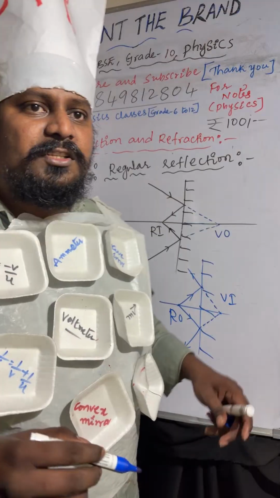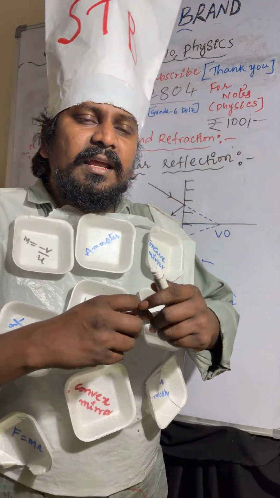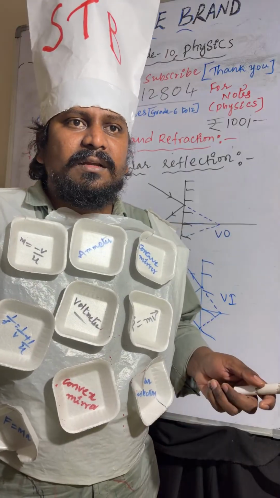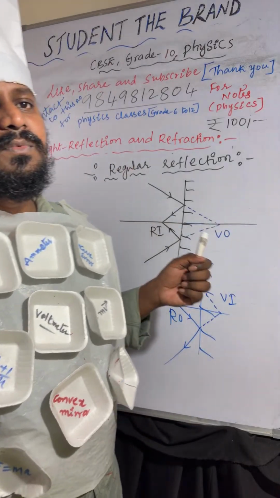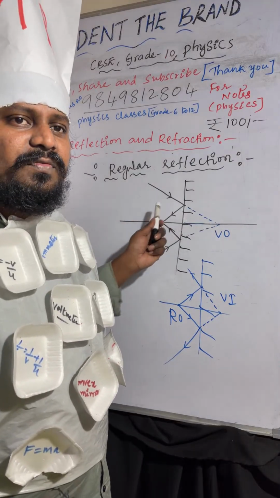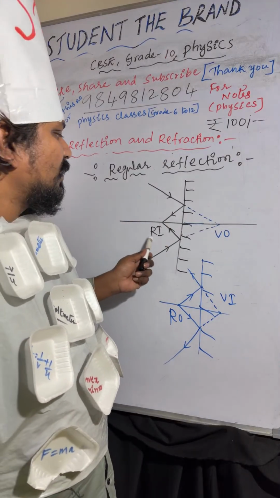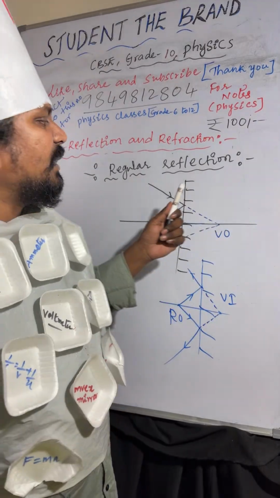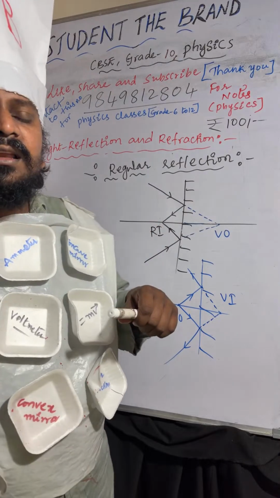Real object and virtual image. So once again, here you can observe: the point of intersection of reflected light rays is called a real image.